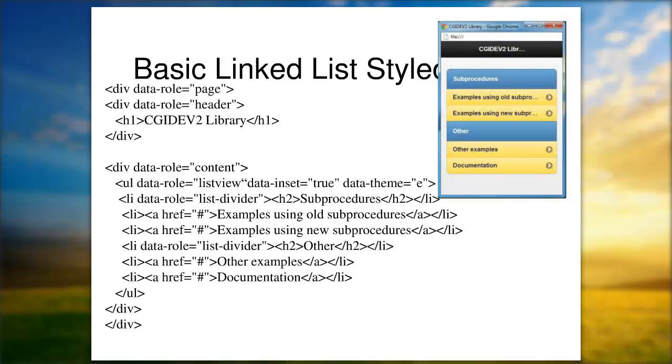All right, and here again, this is just another example of how we can customize our list with dividers and different colors, all done by using the different data-role attributes that jQuery gives us. So this is a very, very powerful framework that allows us to really create very nice looking content with just pretty much pure HTML layout.